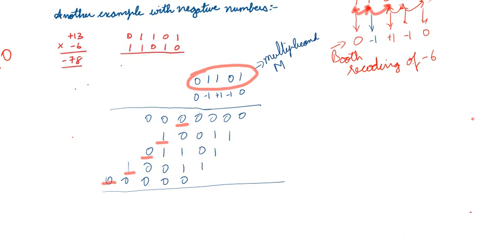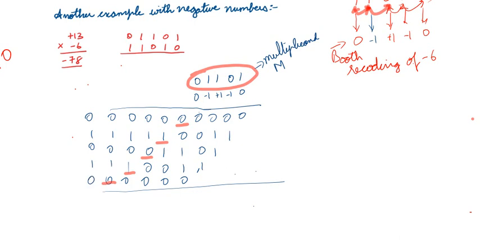It's 5 bit, so we should have the first row as 10 bits. 5 zeros are there, so since sign bit is 0, add 5 more zeros. Next row sign bit is 1, so add 4 ones. Next row sign bit is 0, add 3 zeros. Next row sign bit is 1, add 2 ones, so add 0.